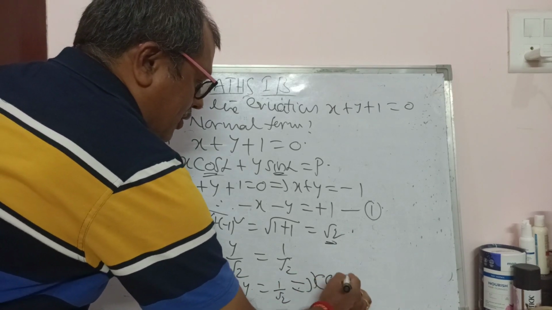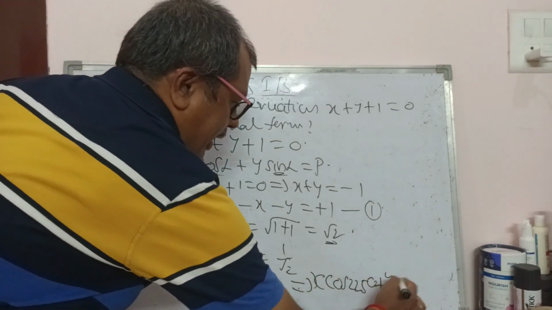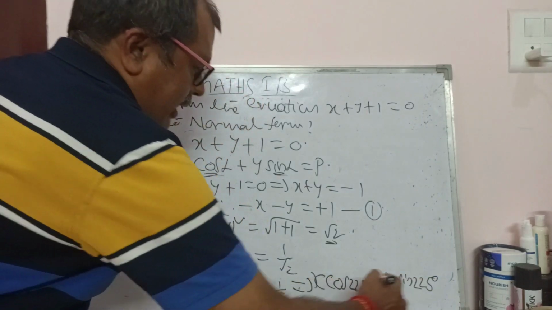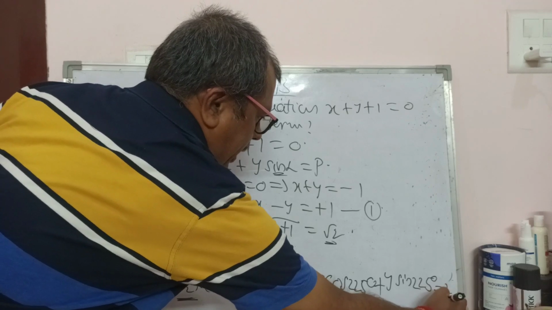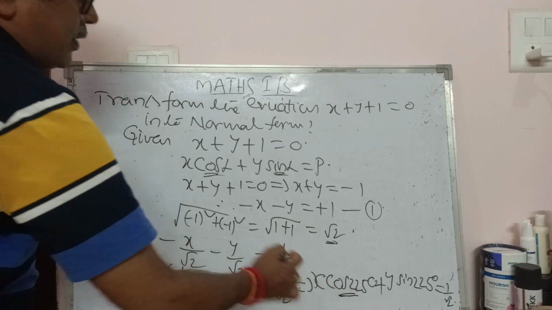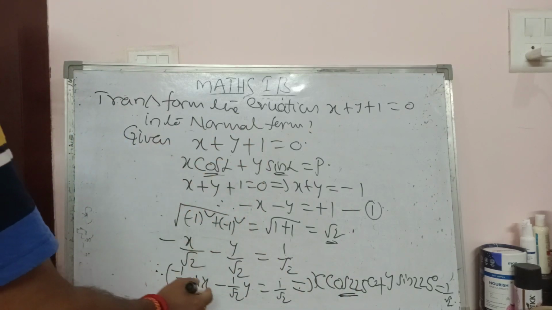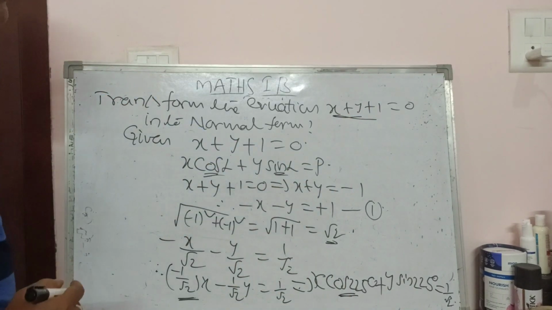So x cos 225 degrees plus y sin 225 degrees, sin 225 is minus 1 by root 2, is equal to 1 by root 2. Here this is the equation in the form of x cos alpha plus y sin alpha is equal to p. This is called the normal form of the given line equation x plus y plus 1 is equal to 0.